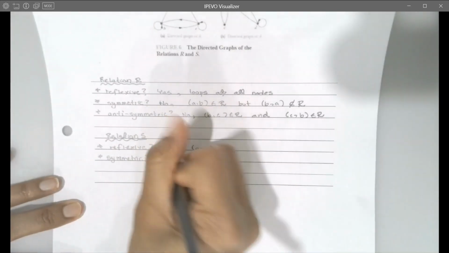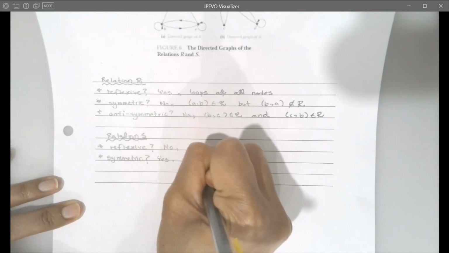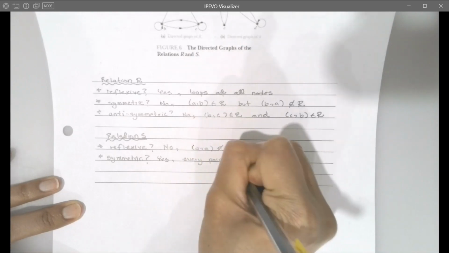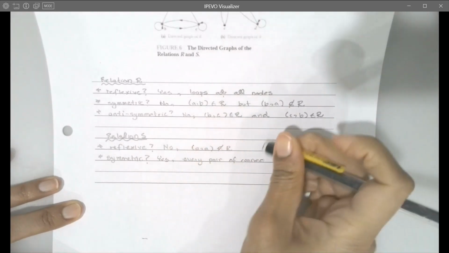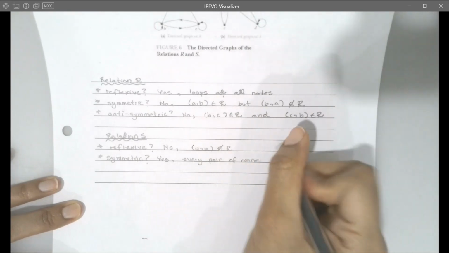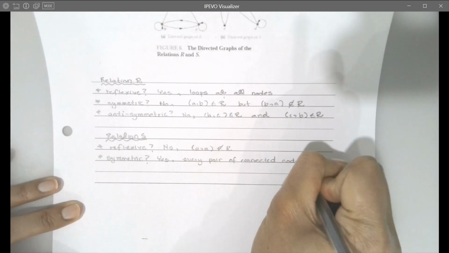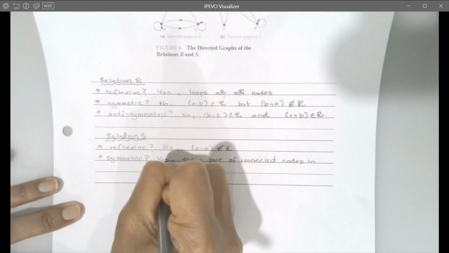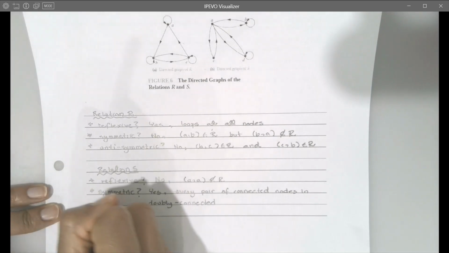So we'll say yes. Every pair of connected nodes is doubly connected.